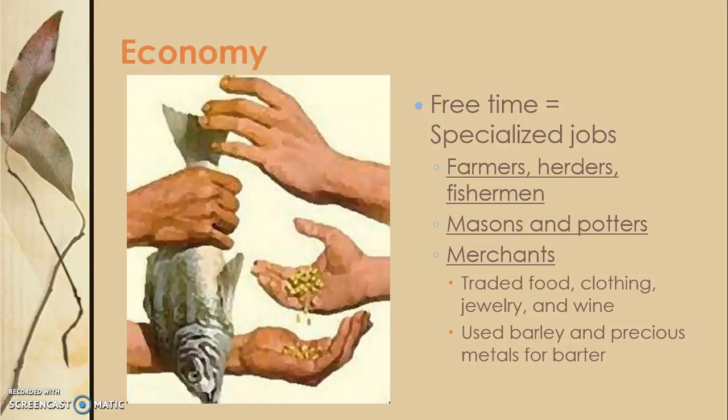And then we even see merchants. Because they have all this extra food, now they can trade this food with other people, and so they're going to venture out and they're going to trade food, clothing, jewelry, wine, and other goods. And they didn't have a system of money, but they used barley and other precious metals for their system of money. We call that barter.